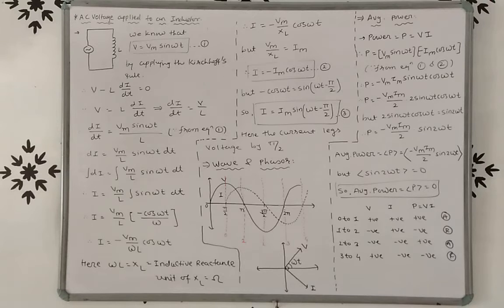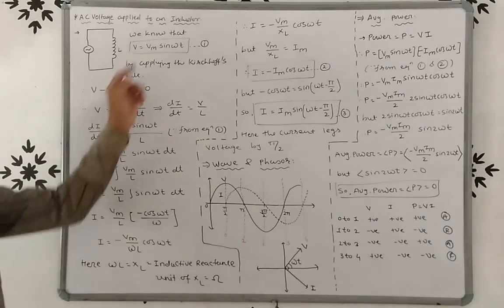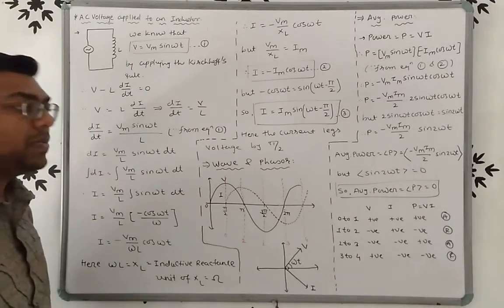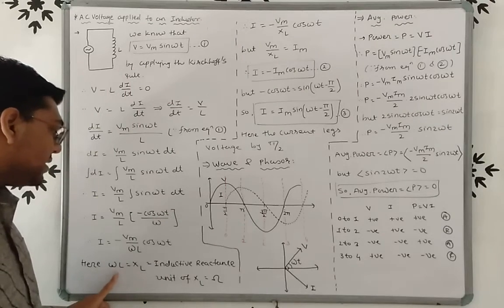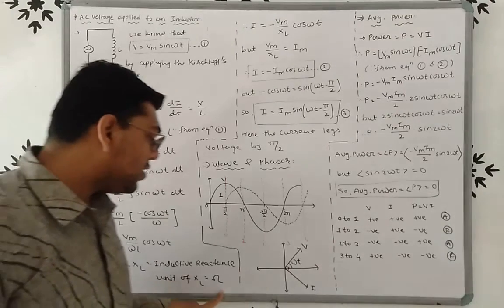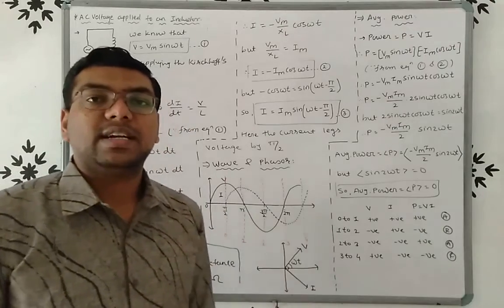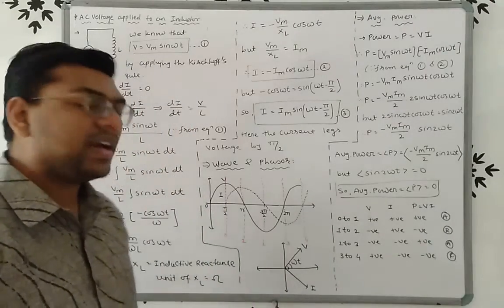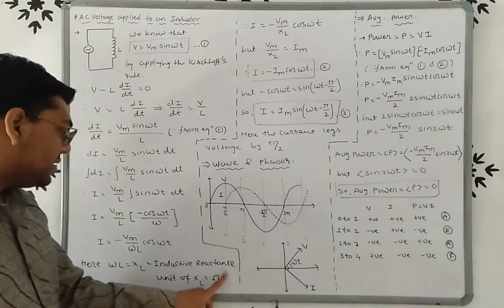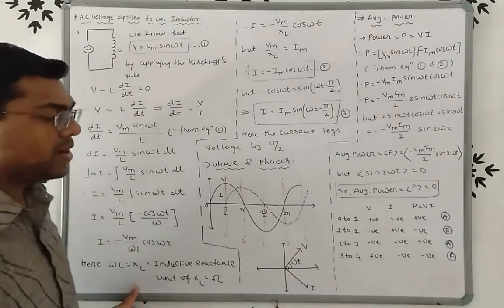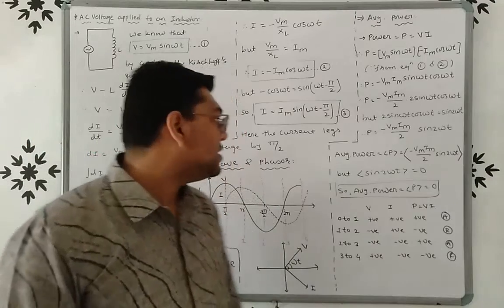Now you have to remember some formulas friends. First formula, V is equal to Vm sin omega t. Second, inductive reactance, XL is equal to omega L. The unit of inductive reactance is ohm, right? Then the inductive reactance is directly proportional to inductance and frequency.